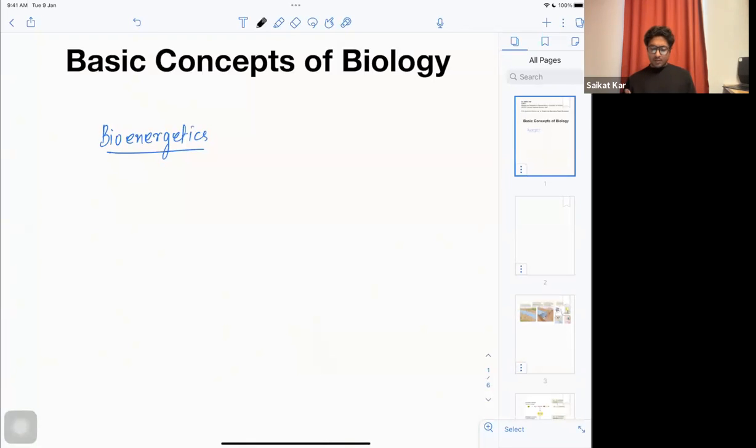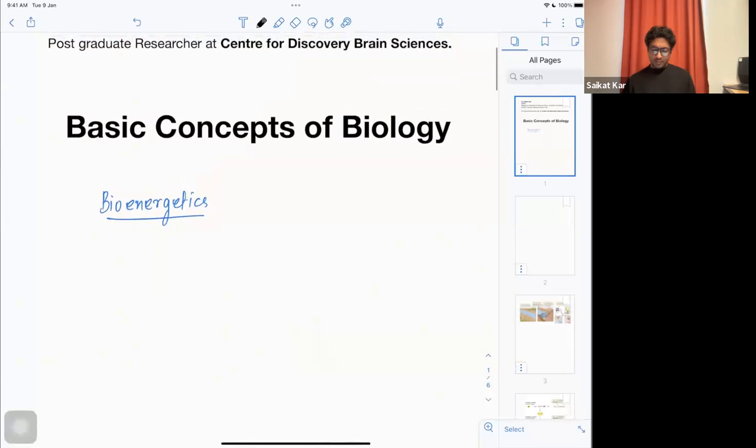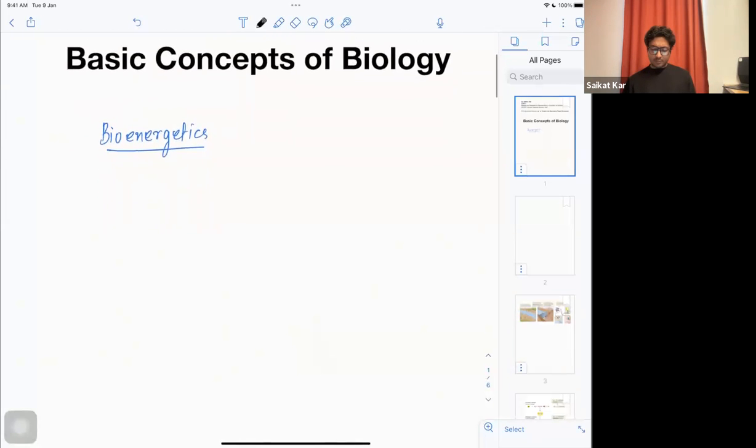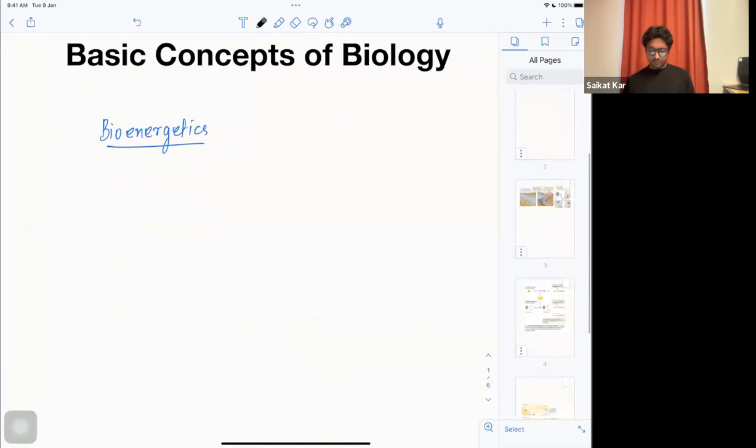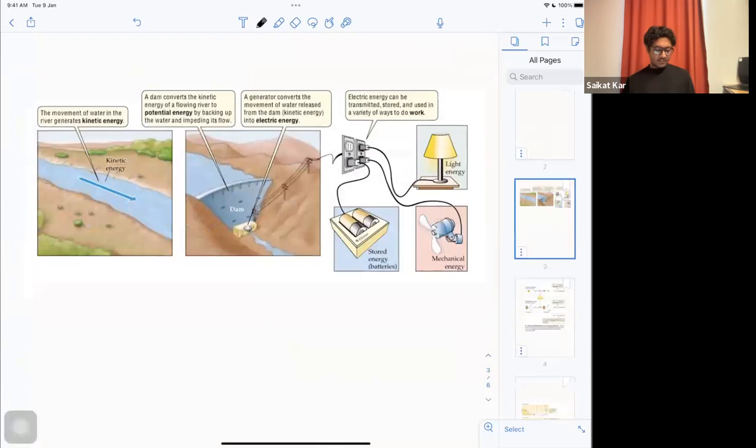As I have already said, I'll be using that book, Life, the Science of Biology. So I have taken some diagrams and photos from that book. First, see this simple diagram.